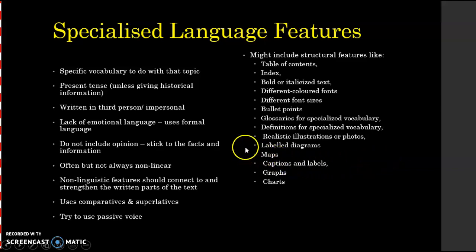You're probably going to have some sort of visual information, so you'll have either some illustrations or photos, maybe a labeled diagram or a map, or a graph or a chart, to give more visual information about your topic.